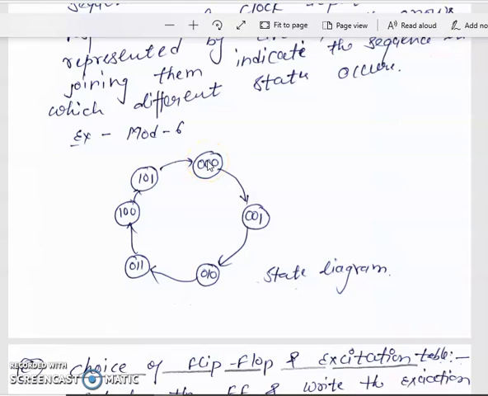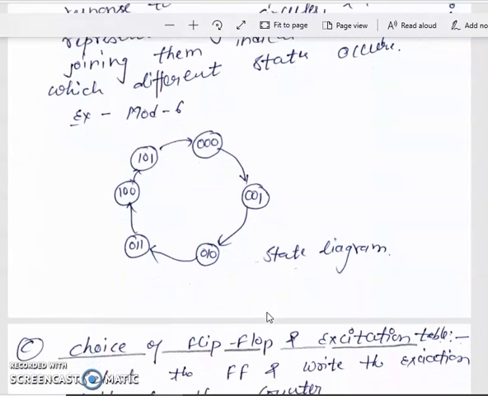It means it is mod 6. It repeats itself after the last state, that is 5. The arrows indicate the sequence direction, that is after 0 it counts 1 and then 2 and so on. That is the state diagram.